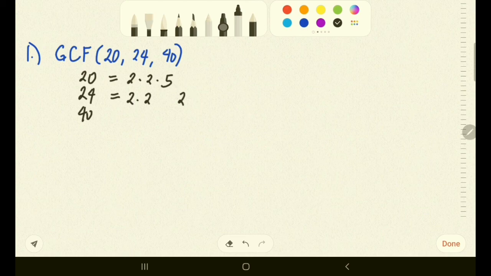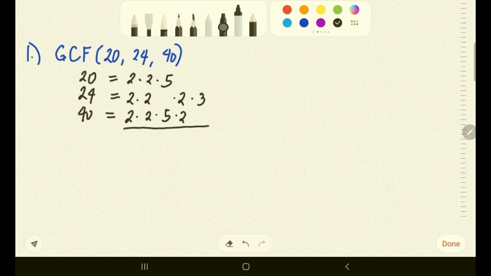So we have here 2 times 3. And then 40 is 8 times 5. So 3 2s, so 2 times 2 times 2, since that is 8, and then times 5.